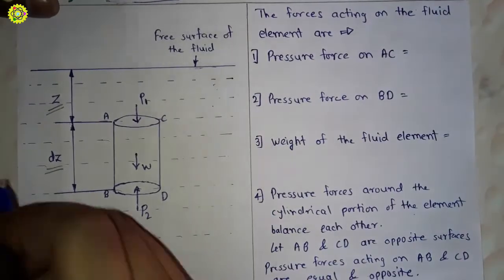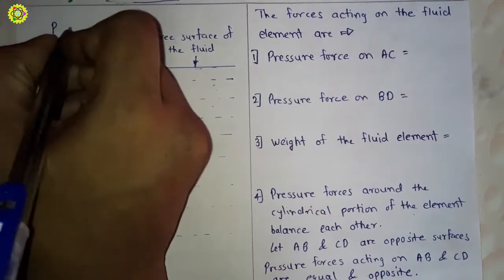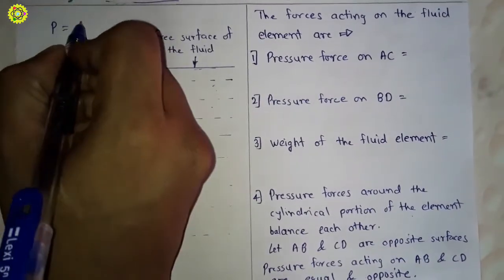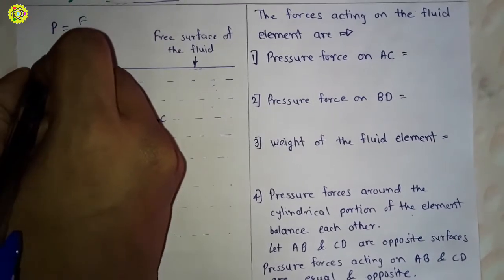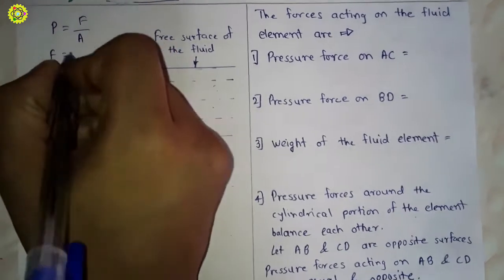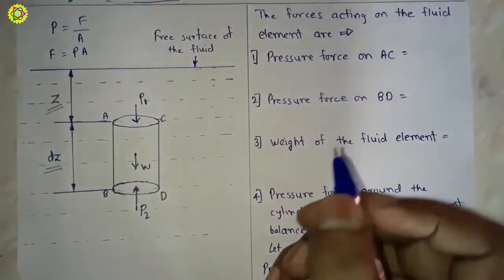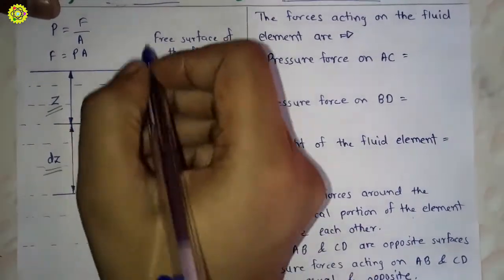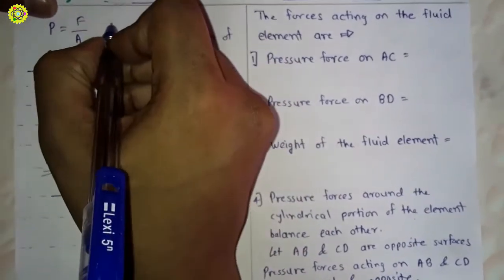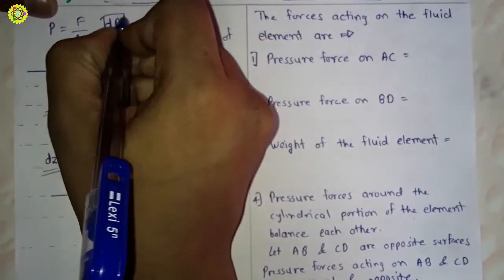As we know friends, pressure P is equal to force upon area. So the pressure force F is equal to P into A. This fluid element has an area which we will denote as dA.